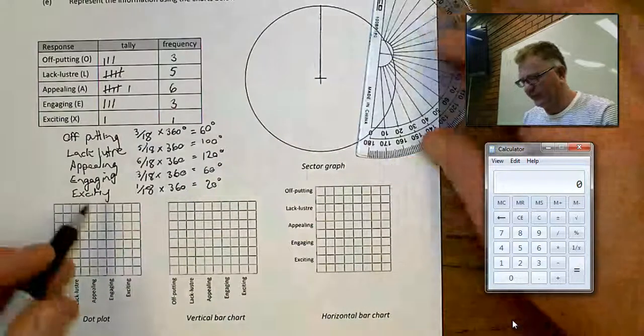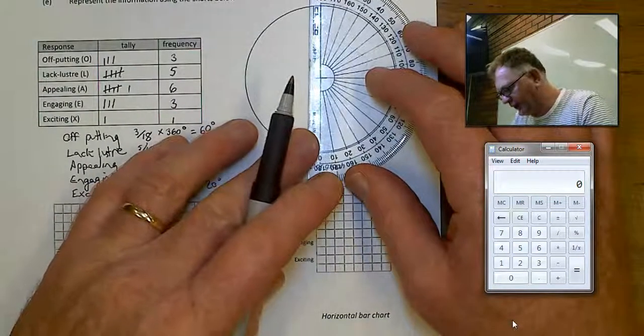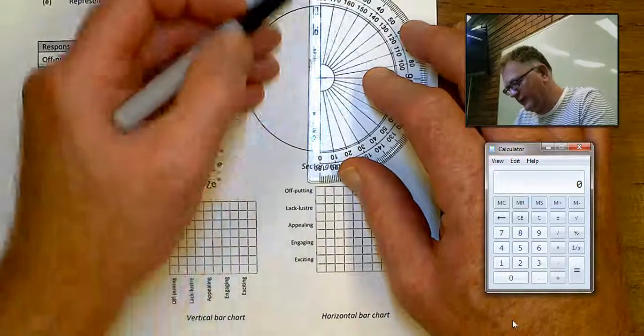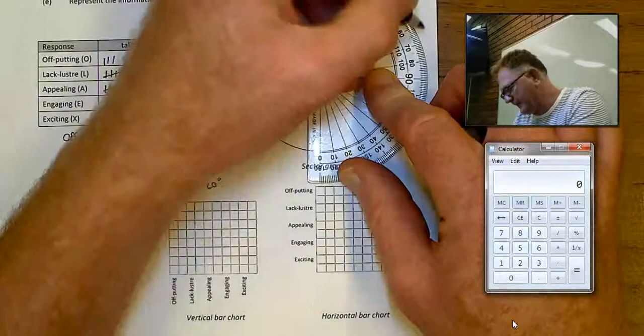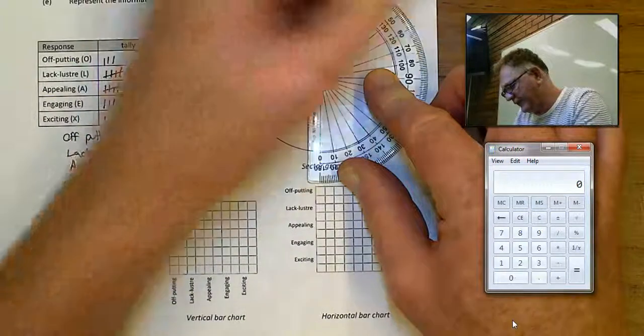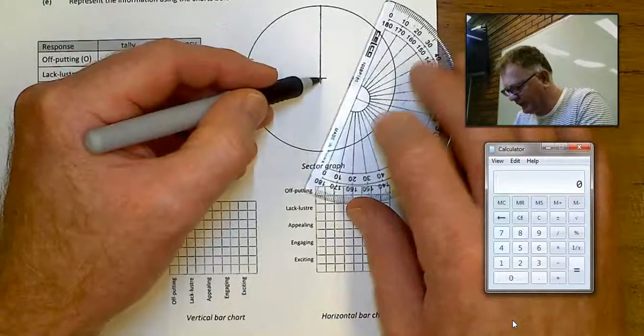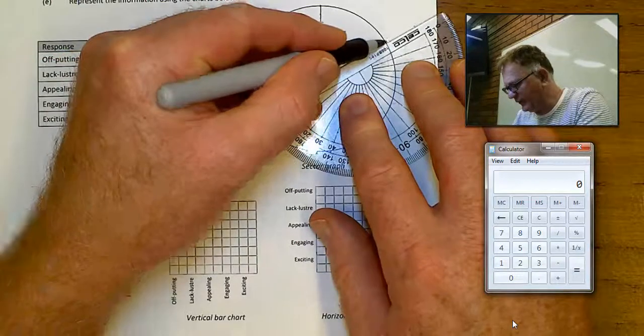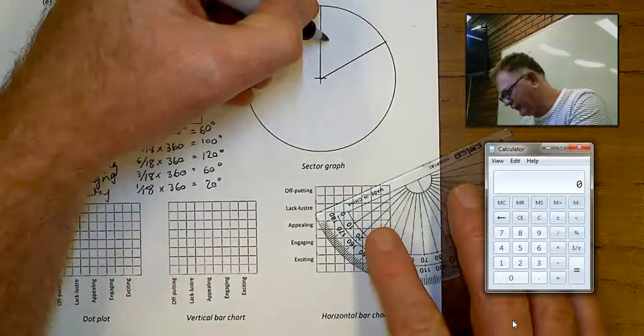My first angle is 60 degrees. Centre of the protractor on the centre and the 0 line on the line that we've just drawn. Measure round to 60 degrees, put a dot, and then connect that out towards that dot. Stop at the edge of the circle. That's just 60 degrees for off-putting.